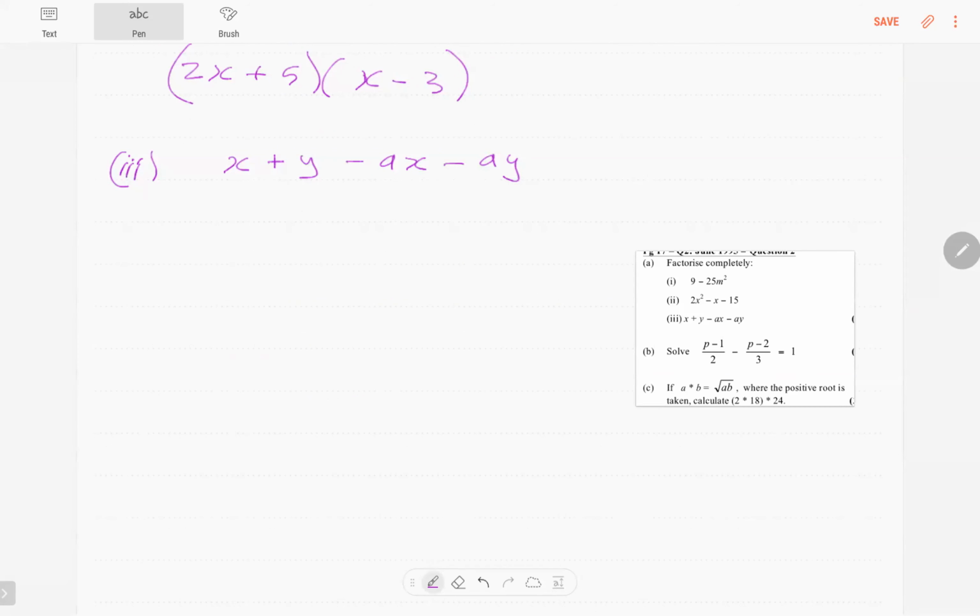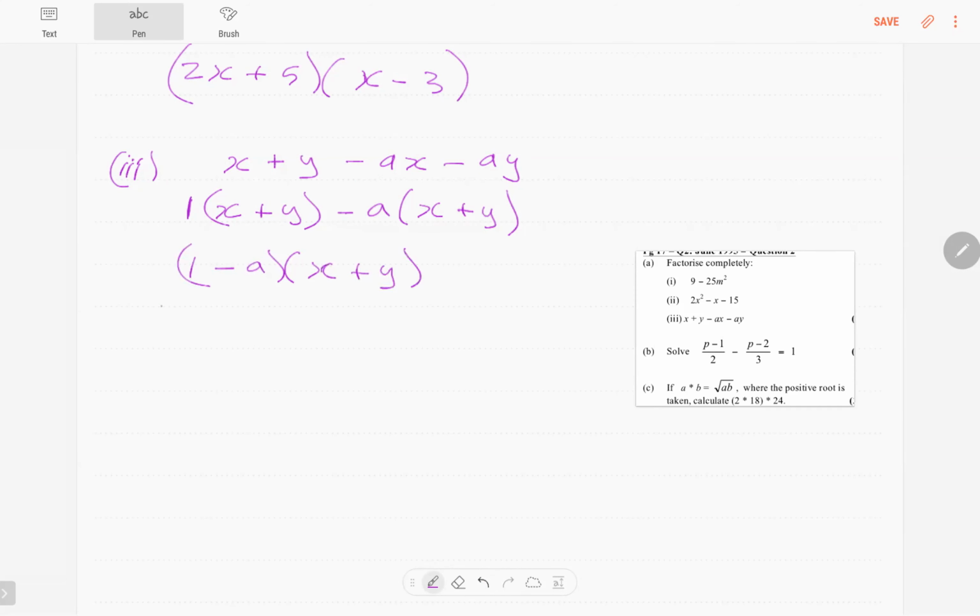So this one can be factorized right as it is, because if I factorize minus a out of those two terms, this will become x plus y as a factor, and you get minus a into x plus y. So it's like a 1 in front of this. All right, and so it becomes 1 and that times x plus y. So it will become 1 minus a into x plus y.